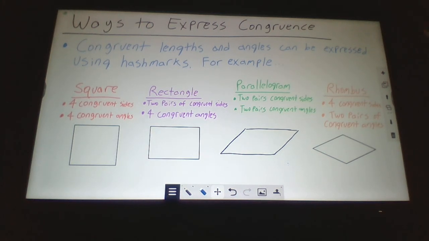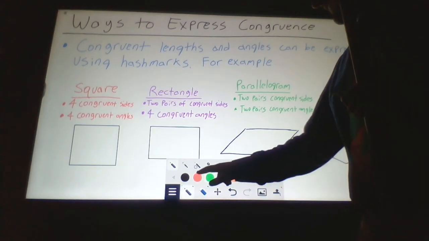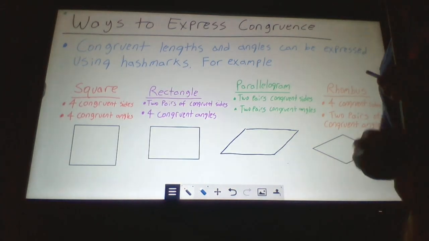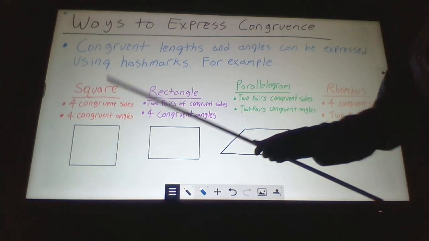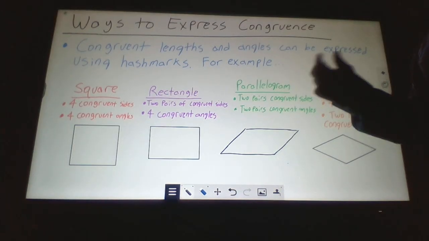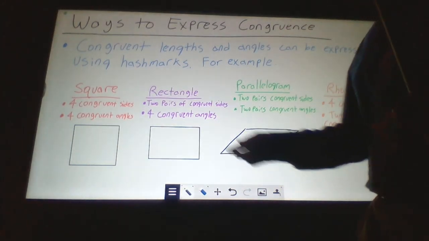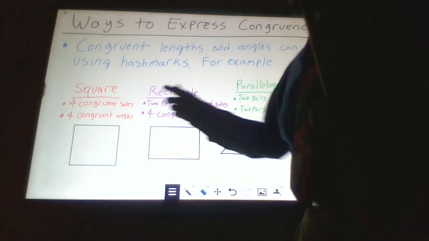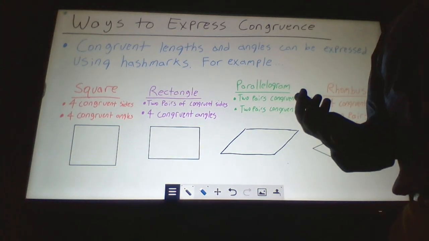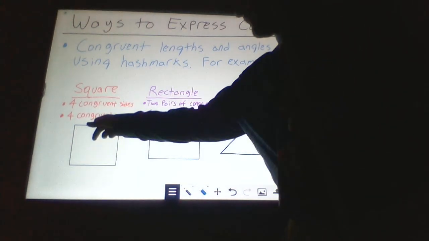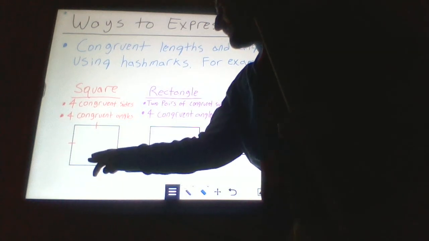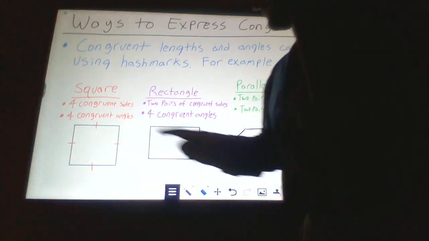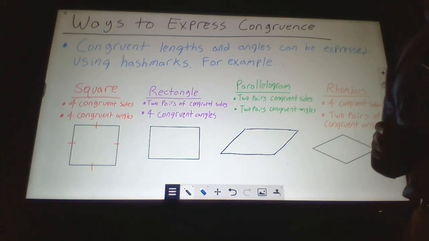Well, one convenient way that we do it when we're looking at an image is to use hash marks. By using these hash marks, we can express congruence in shorthand without having to use numbers. For example, when we're dealing with a square, we could put down measurements for each of our side lengths, but in general terms, we can talk about all squares simply by putting a hash mark on each of the four sides.